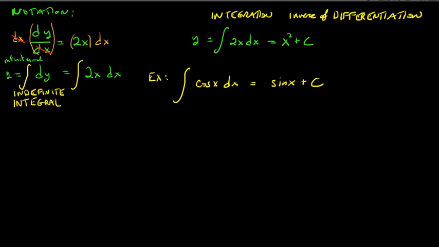Let's try one more. Let's take an indefinite integral of sine of x. Right. So you might have to think about this for a second. So the question is, the derivative of what is equal to sine of x?